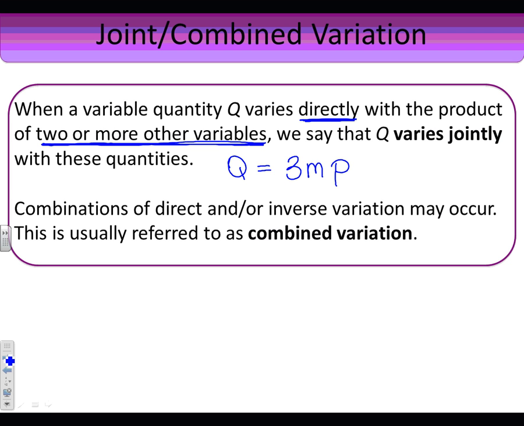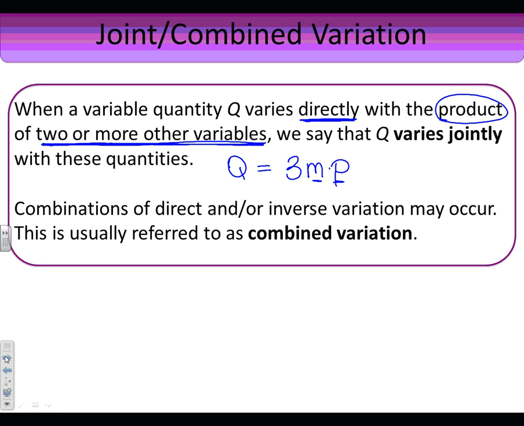Since q varies directly with both m and p, we call that joint variation, because q varies directly with the product of two other variables. So joint variation is just another example of direct variation. We just have two or more variables instead of just one that are related.